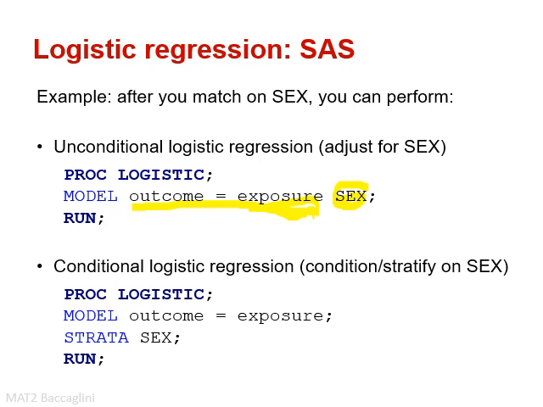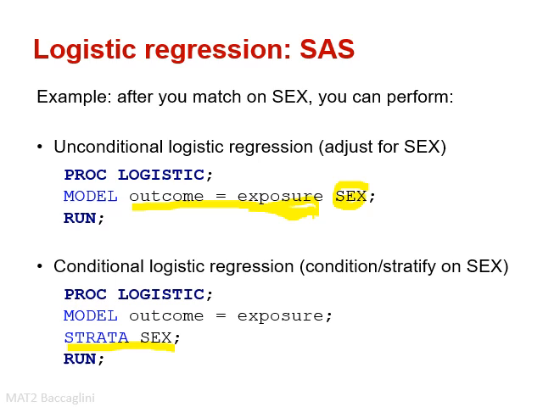In a conditional logistic regression, you will need to add the strata statement so that you can condition on sex. In this case, probably you will get similar results because you have only two strata, and so it's okay to put this variable either way.